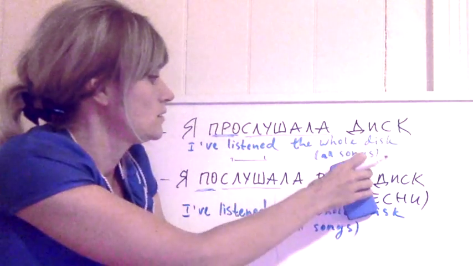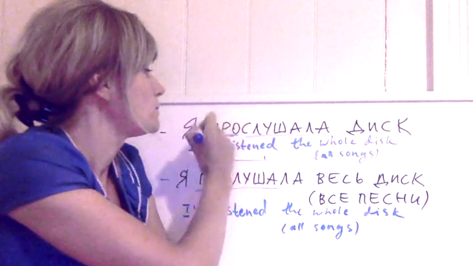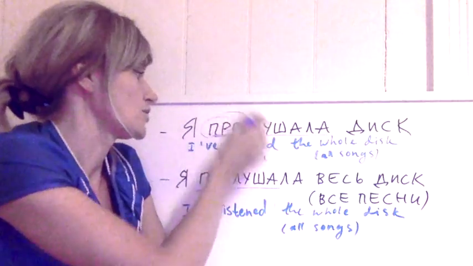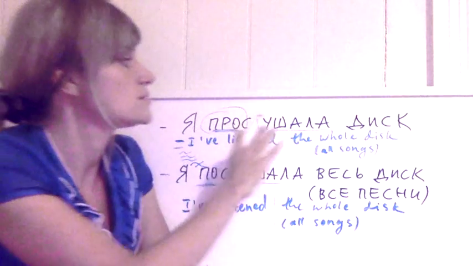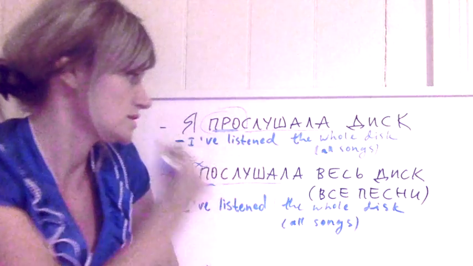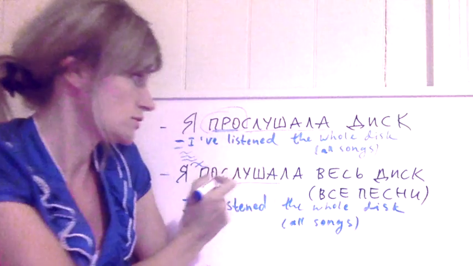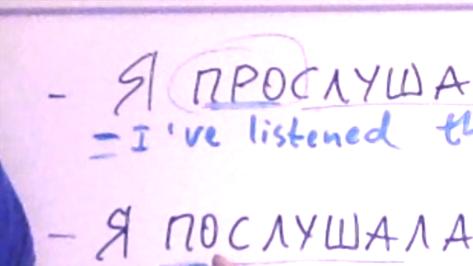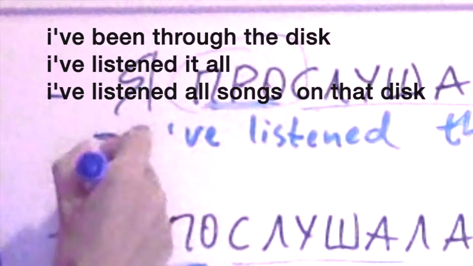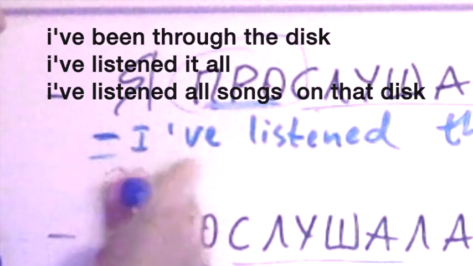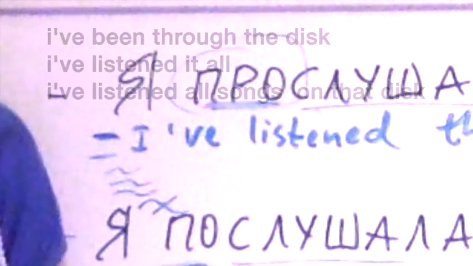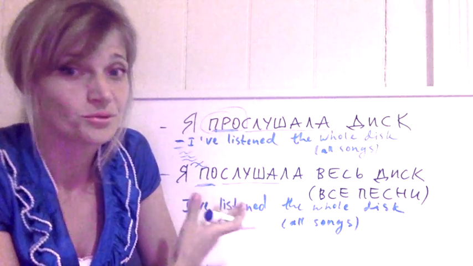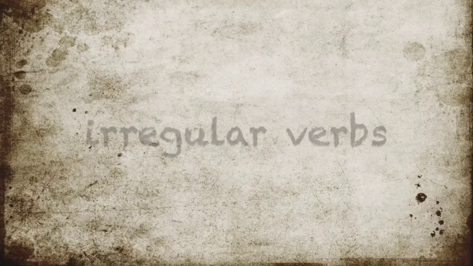Whereas here, я прослушала диск. In this prefix, it already implies. Can be I've listened the whole disc, I went through the disc, I listened every single song. It all can be implied in here, believe it or not. So translation can vary depending on other words in a sentence, depending on who you're talking to.